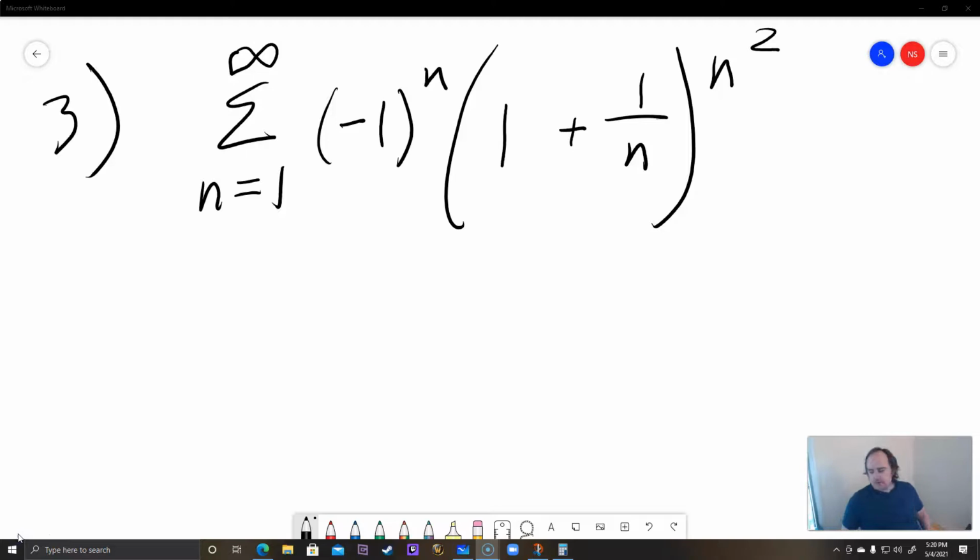Okay, so this problem is tricky, but there's a little hint that they give us, which is really helpful.